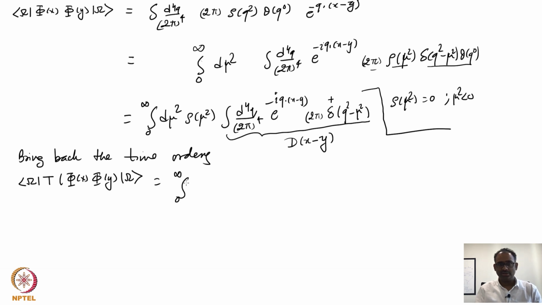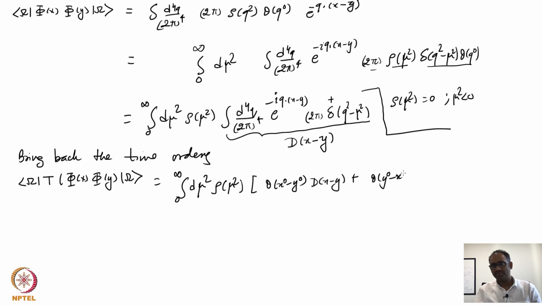Integral 0 to infinity d mu square rho of mu square, then you have D(x minus y). So you have, let us say, theta of x naught minus y naught, meaning if x naught is greater than y naught, only then this is 1, otherwise it is 0, it does not contribute, plus theta of y naught minus x naught.